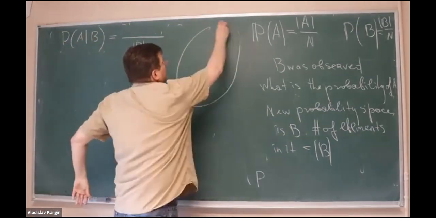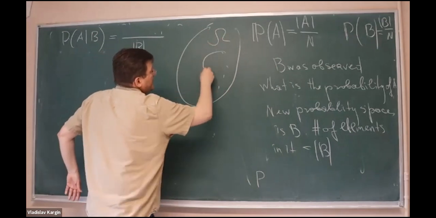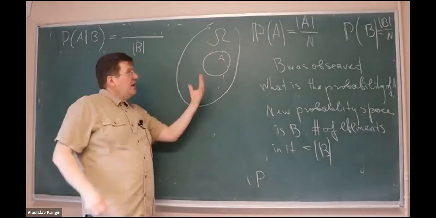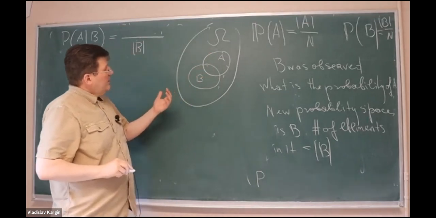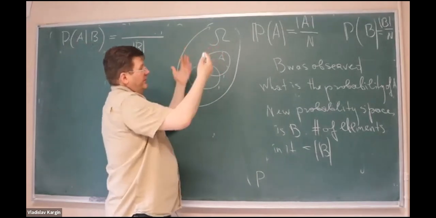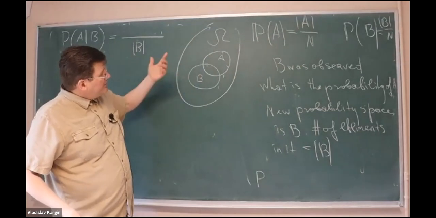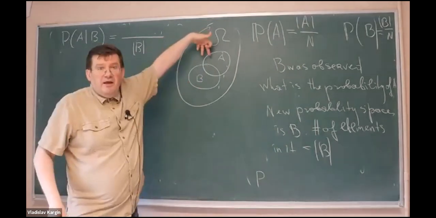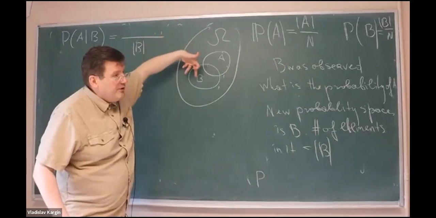Previously we had something like this: this was all outcomes, this was the event A, and this was B. Previously you had the number of outcomes in A. Now you're asking how many outcomes are consistent with B and in A. By definition, it's the outcomes which are both in B and in A.